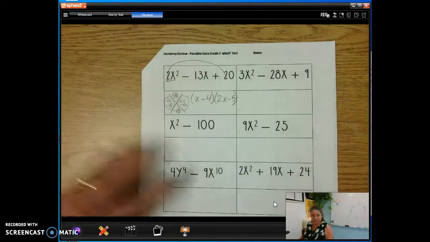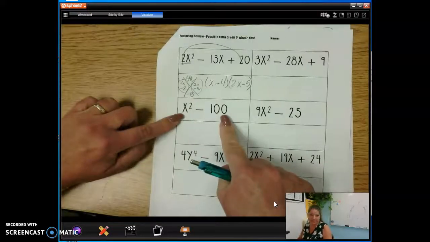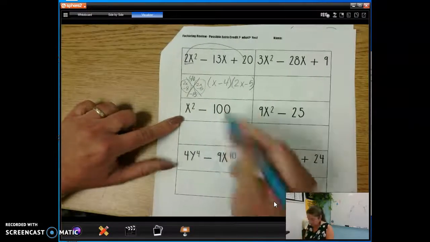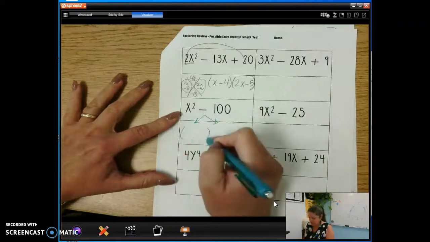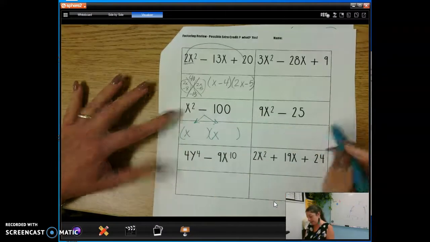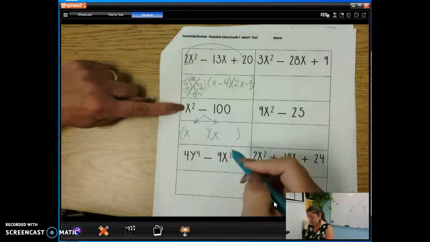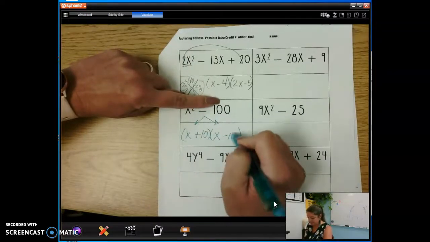All right, I know that I mentioned to you earlier it could be a difference of two squares, and that's what this one is. So these are going to work out perfectly. You're going to literally divide it evenly into two parentheses with different signs. So you square root this one to an x, square root that one, you get plus 10 minus 10.